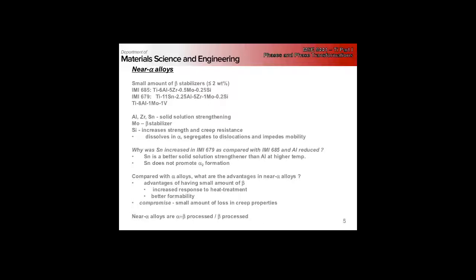And we can go through the basic alpha beta processing or beta processing steps that we talked about. Remember, beta processing is a hold above the transus, a hold in the two-phase region, and then a stabilization low in the two-phase region. Alpha beta processing involves a rolling or a deformation step within the two-phase region.